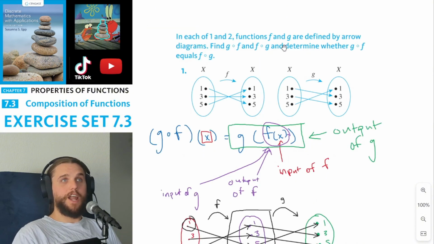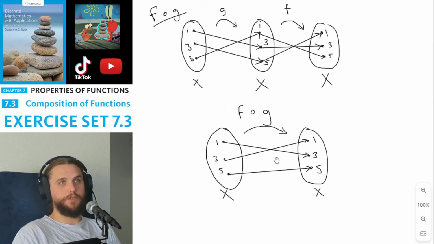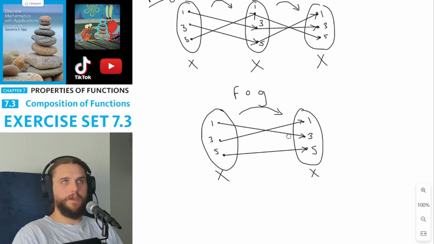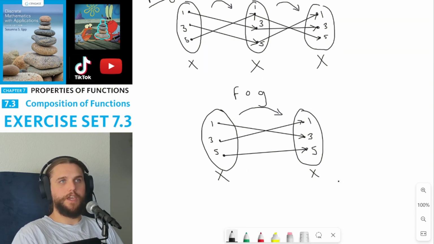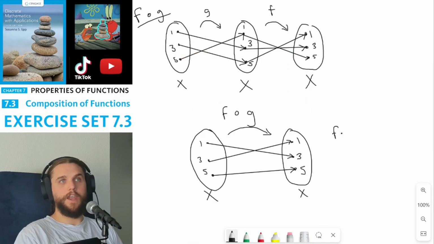At the end of this question, it asks, determine whether g of f equals f of g. So we just have to look at this visual diagram and compare it with this visual diagram and ask if they're the same visual diagrams. Well, if you notice in g of f, 1 is mapped to 1, but in f of g, 1 is mapped to 3. In function notation, we would say that g of f of 1 equals 1 here, since 1 is mapped to 1, and f of g of 1 equals 3.